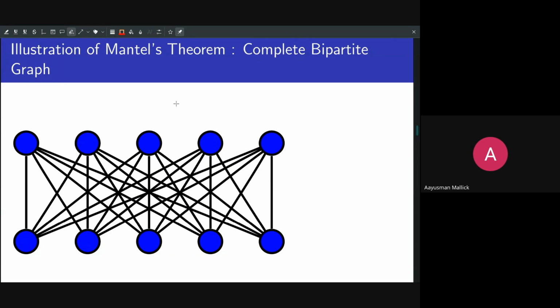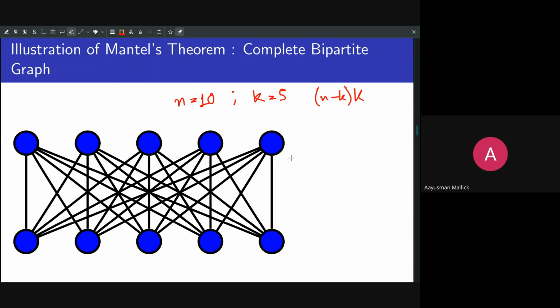Here I have taken n to be 10. So from Obrodip's construction, we get k to be 5 when we are maximizing the term (n minus k) times k, and we get a graph of this sort.